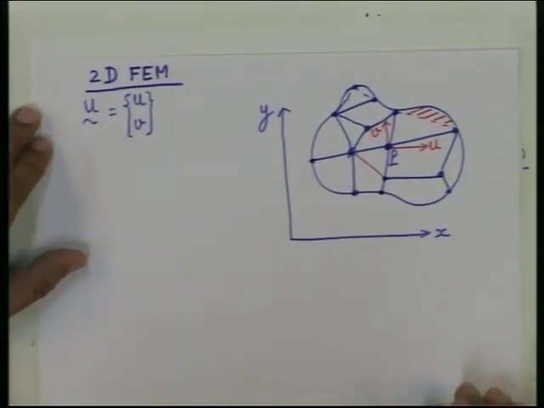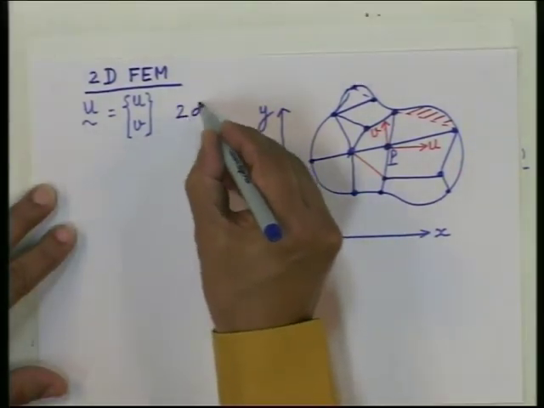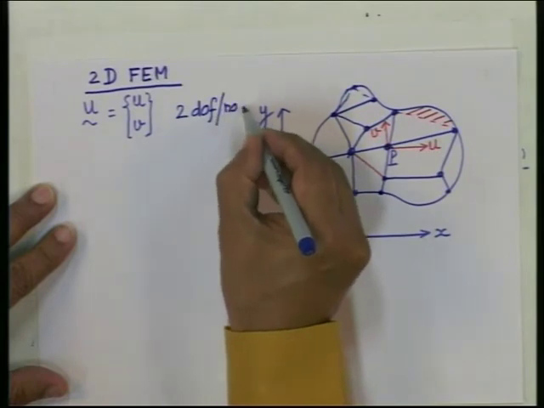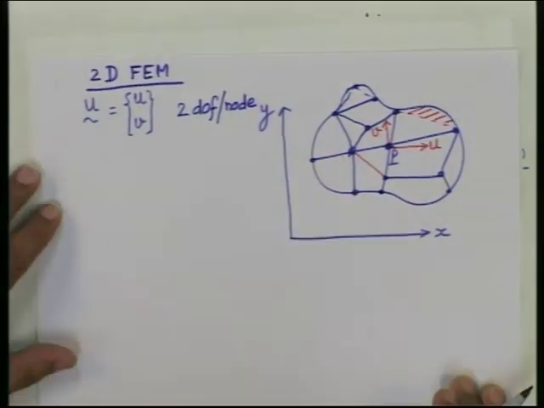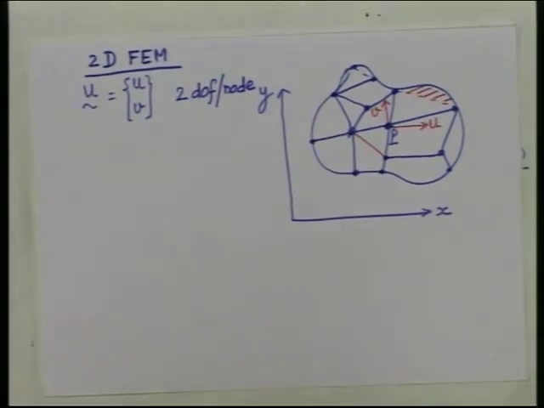So, every particle has got 2 degrees of freedom, 2 degrees of freedom per node. So, 2D, first thing, displacement field.